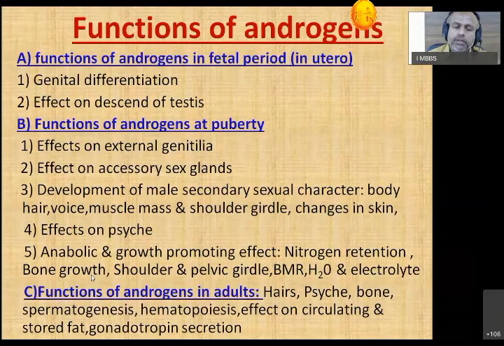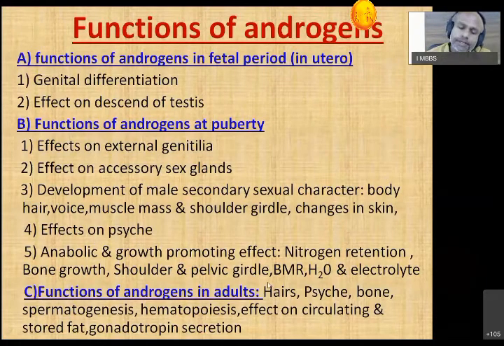Early fusion of the epiphysis with the metaphysis occurs, and along with the help of growth hormone, somatostatin, the linear or height spurt, growth of long bones occurs. The strength of bones increases by increased deposition of minerals, phosphates and calcium on the bones by the testosterone hormone.